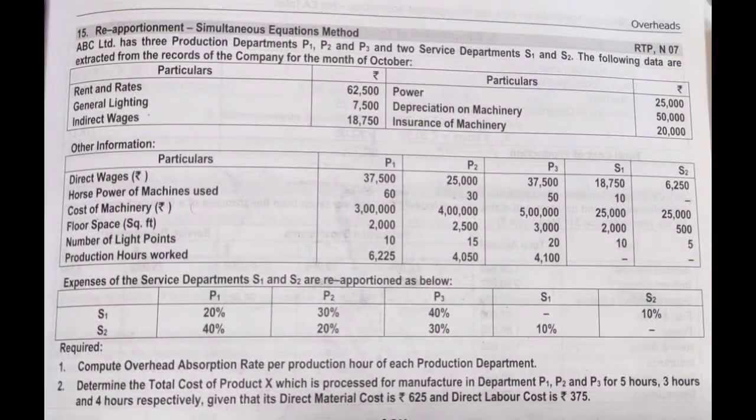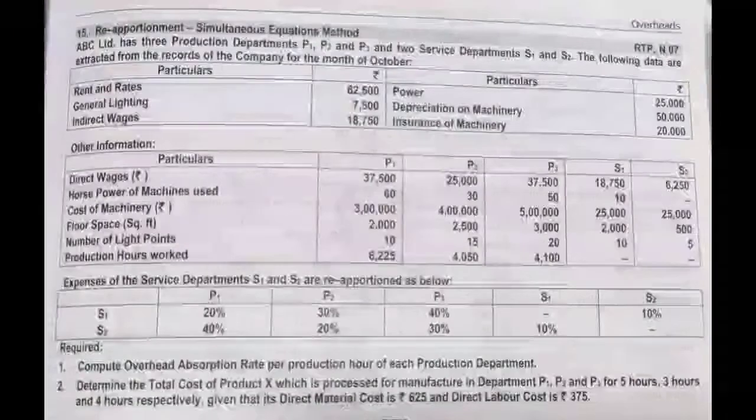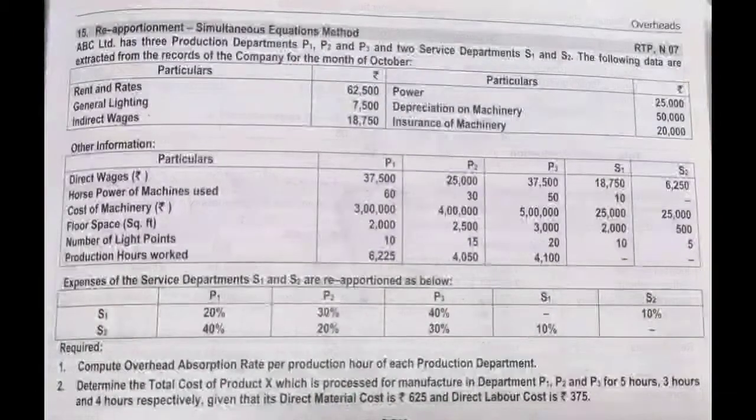The production hours worked. In order to find out the machine hour rate per hour, we will calculate this. Total machine hours worked in department P1 is 6225, in P2 4050 and in P3 4100. Apart from this, there are some service department expenses also.